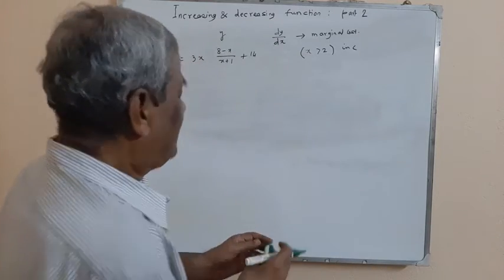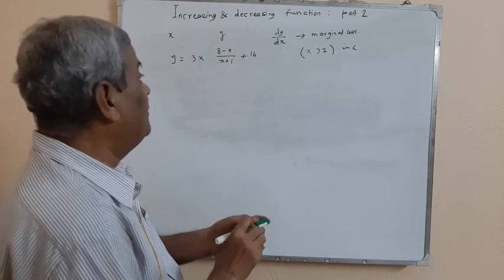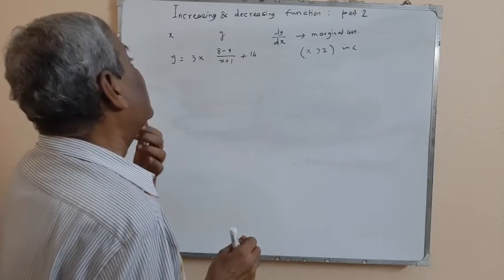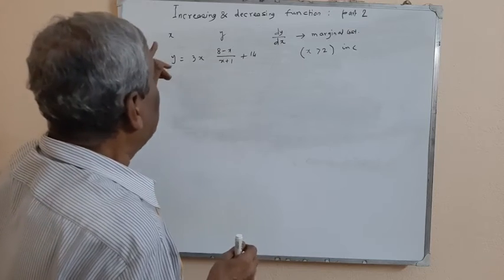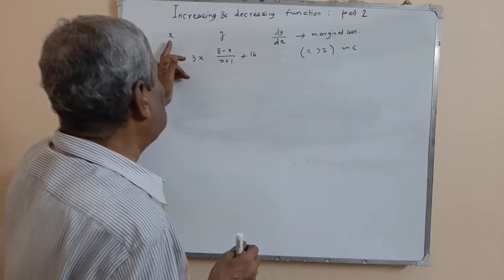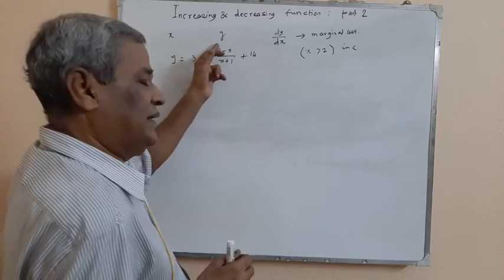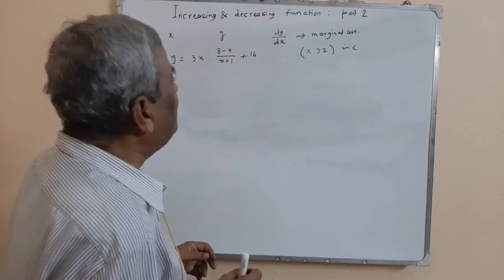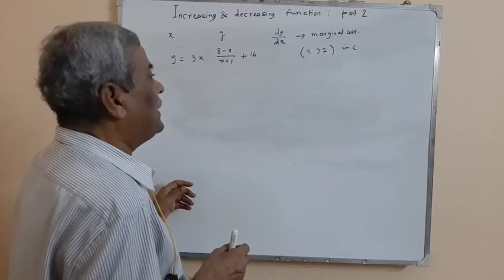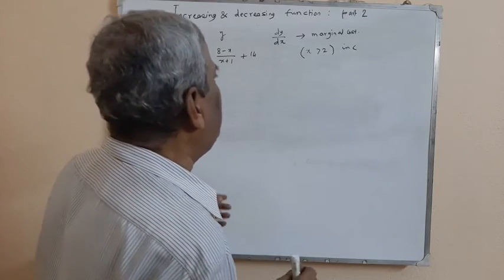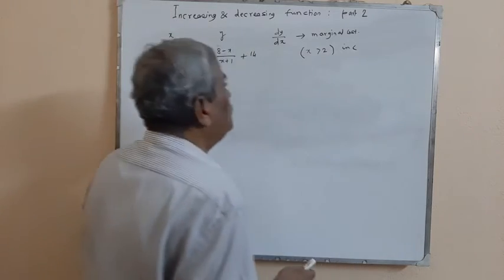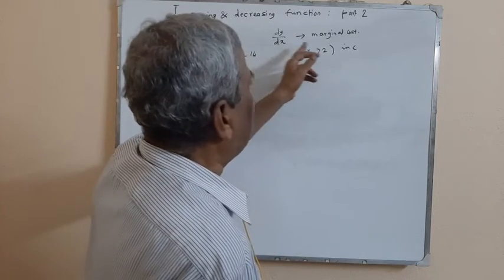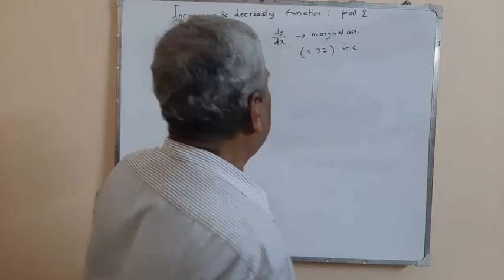First of all, two pieces of information are given. One good is there, and the cost of production of x units of that good is y. The derivative, that is marginal cost, is defined as the rate of change of y per unit x, that is dy/dx.